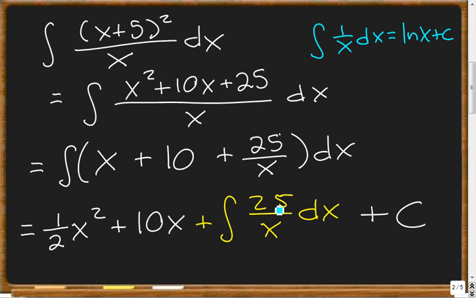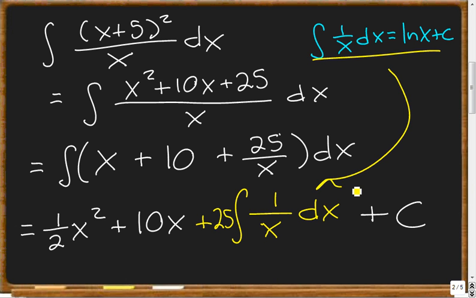We can say, okay, well, because this 25 is just a multiplier, we can move it out front. So it's going to be 25 times the integral of 1 over x. And because we know that this part up here, we can replace it, the integral of 1 over x is the natural log of x.